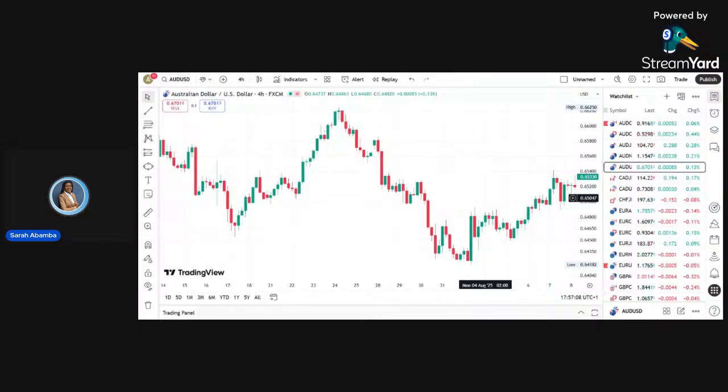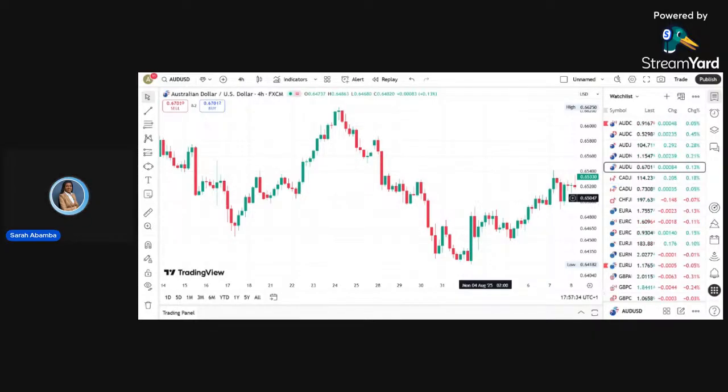That is for the bullish engulfing pattern. When it is formed, what we expect the market to do is to buy. So what we do is place a buy order.